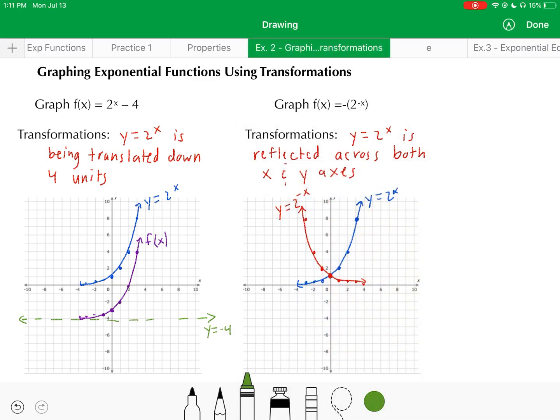So I take all of the points in red and change their y coordinates' signs. And there we have our graph of f of x.